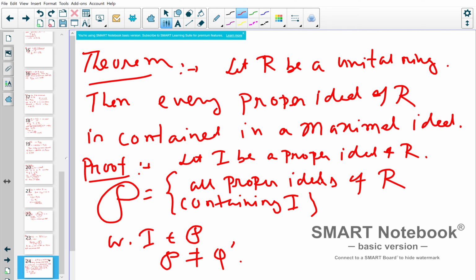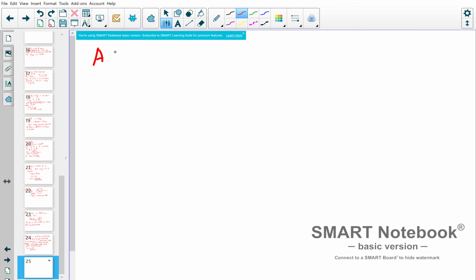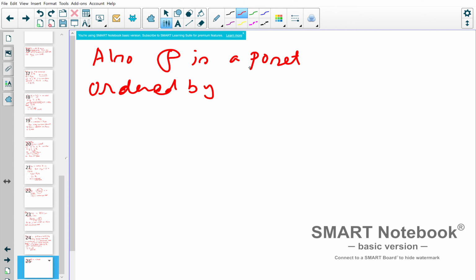Also, this is naturally a poset, meaning a partially ordered set, ordered by set inclusion. So set inclusion gives you the poset structure, right?